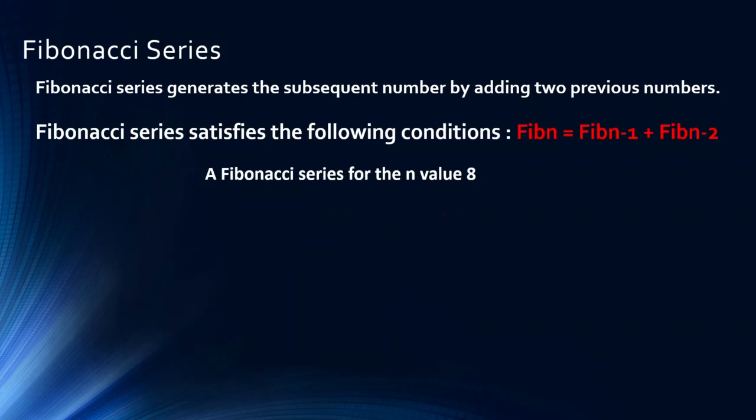Here we will find the Fibonacci series for n equal to 8. The first two numbers are f0 equal to 0 and f1 equal to 1. The next number will be 0 plus 1, the first two numbers added together. So 0 plus 1 is 1. Then 1 plus 1 equals 2.